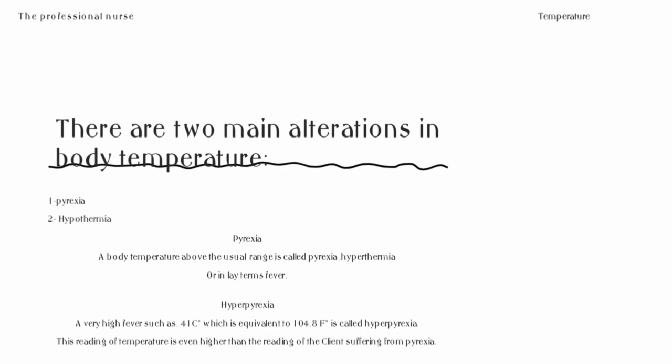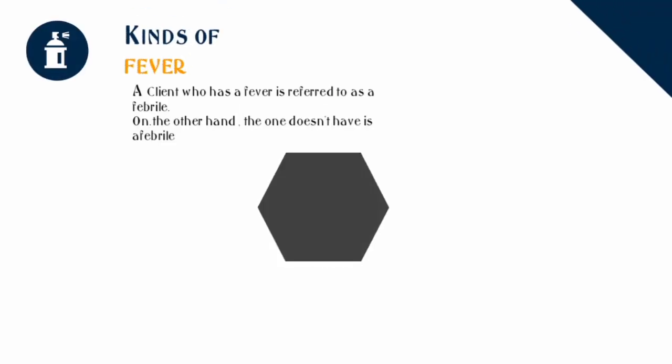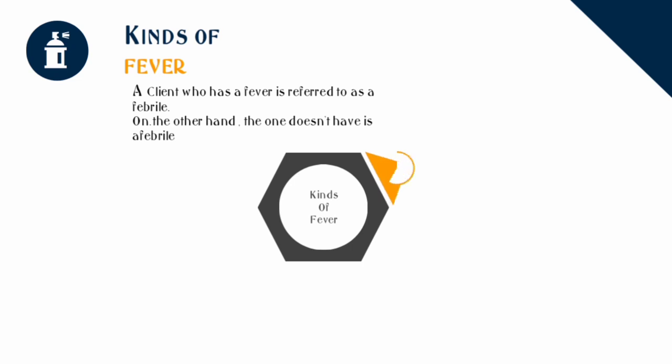A very high fever, such as 41 Celsius, which is equivalent to 105.8 Fahrenheit, is called hyperpyrexia. The client who has a fever is referred to as febrile, and the one who does not is afebrile.